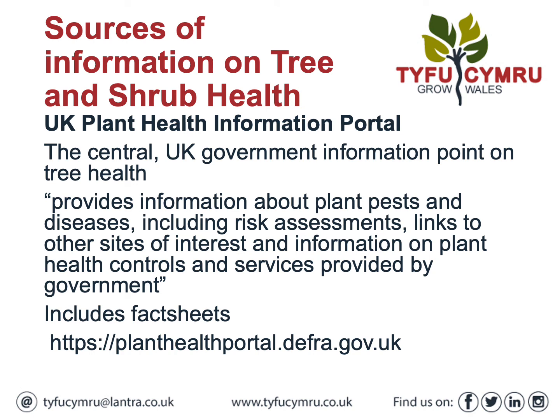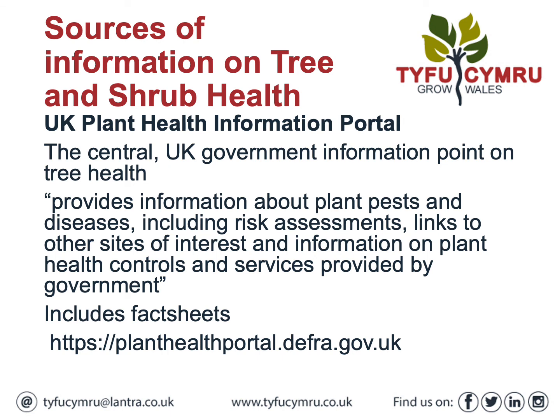There are a number of sources of information on tree and shrub health, which really are sources that you should go to regularly because they're continually being updated with information on legislation and risks and other important facts about pests and diseases, including research. So the UK Plant Health Information Portal is the central UK government information point, and it includes information on tree health.